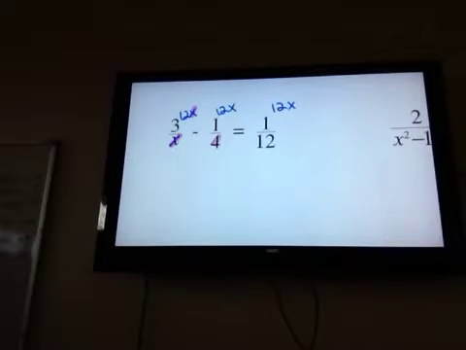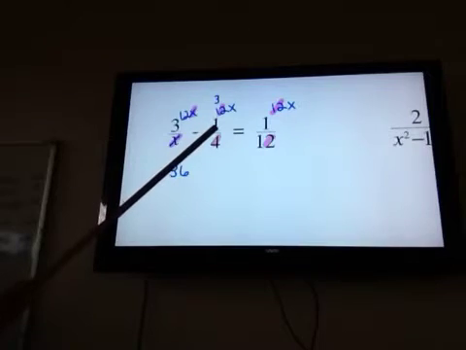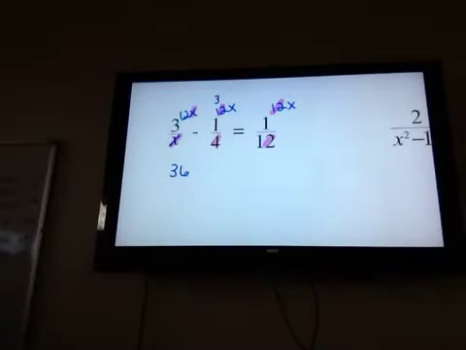My 4 cancels with 12, but makes it 3. And my 12 cancels with 12. So I'm left with 3 times 12, 36, minus 1 times 3 times x, 3x, equals 1 times x, 1x.